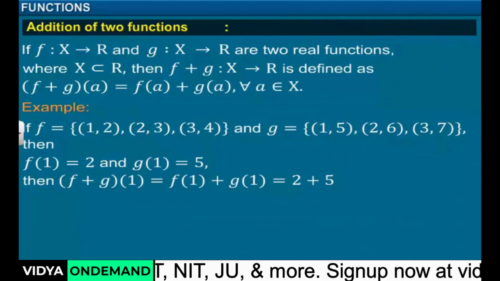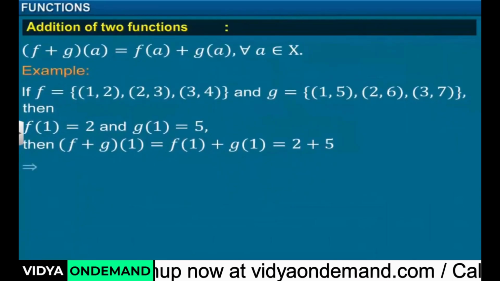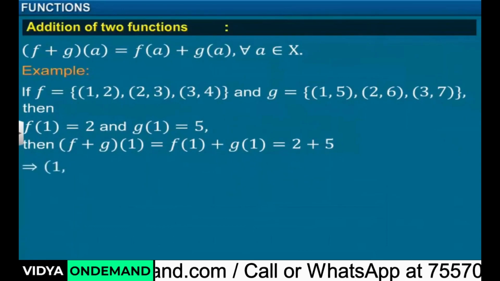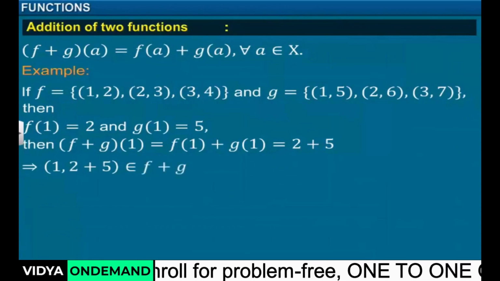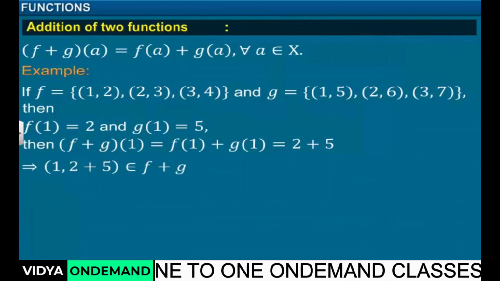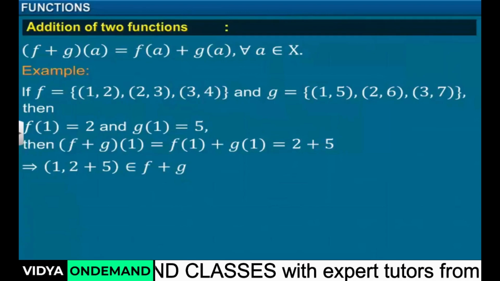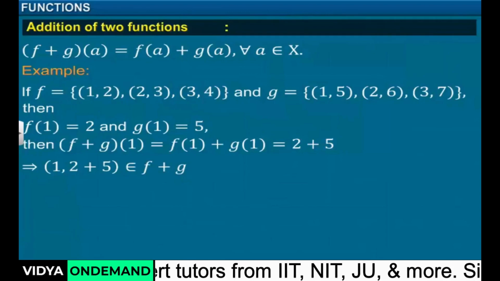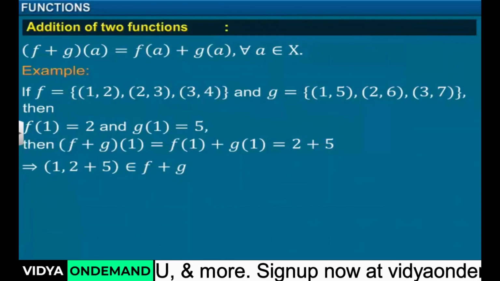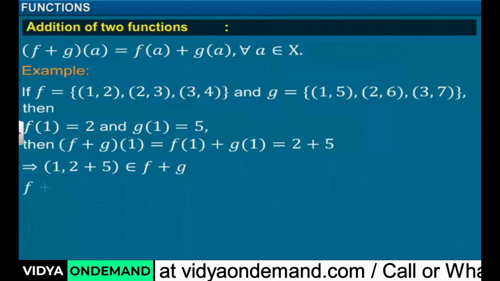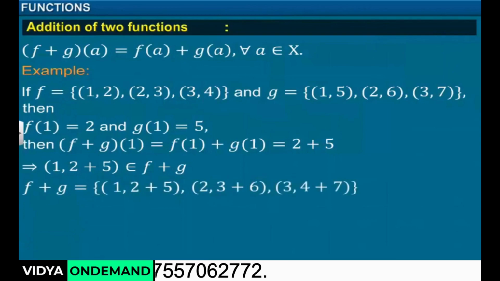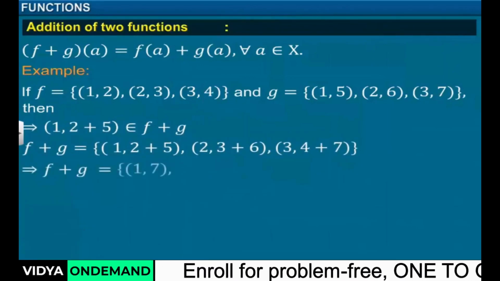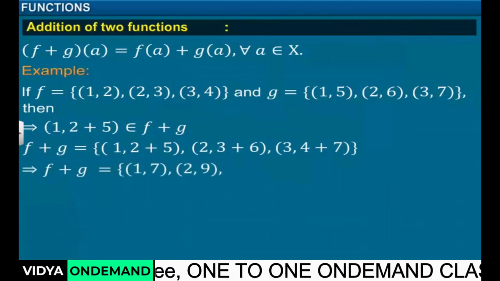This implies that the ordered pair (1, 2 plus 5) belongs to set f plus g. Similarly, you can get 2 more ordered pairs. Hence, f plus g has 3 ordered pairs: (1, 7), (2, 9), and (3, 11).